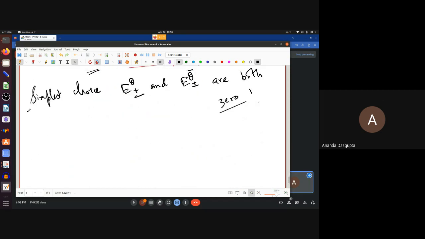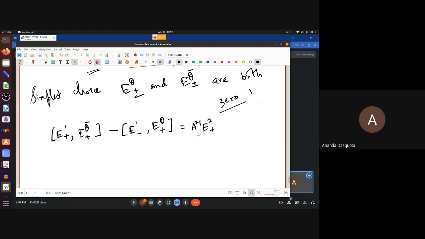Unfortunately, this is impossible, because you can show very easily, and this is something you will have to show yourself, just using the Jacobi identity, that E1 plus commutator with E theta bar plus, minus E1 minus its commutator with E theta plus, actually happens to be A21 E2 plus. Now E2 plus is not 0.